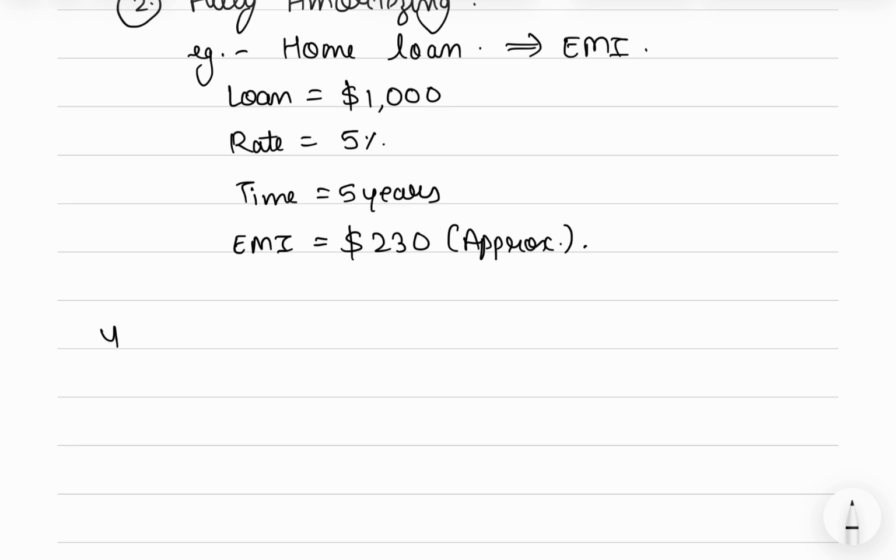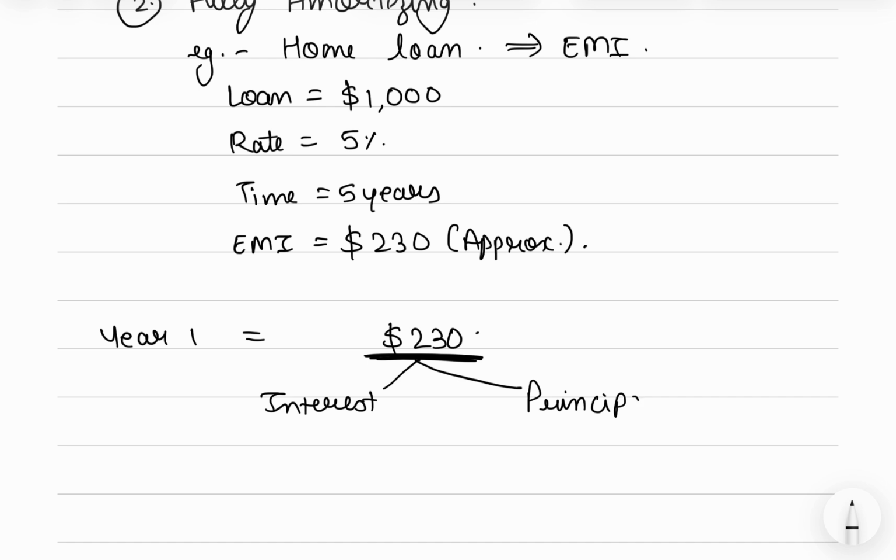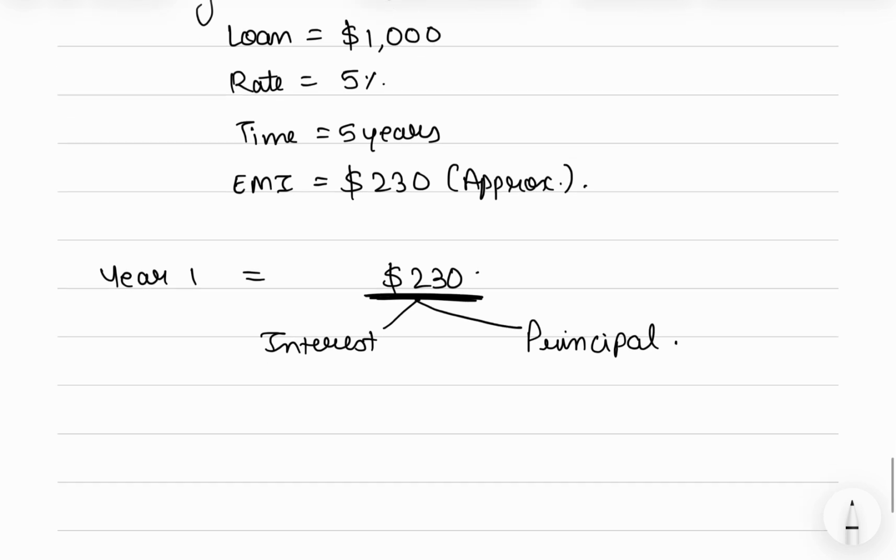Now in year 1, what you will be paying is the EMI, right? But exactly what is included in this 230 are two components. One is interest and the other one is the principal repayment, right? Now what would be the interest part of it? The loan we had was of 1,000 and the rate was 5%.